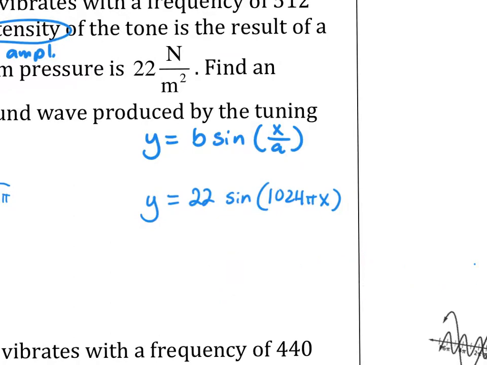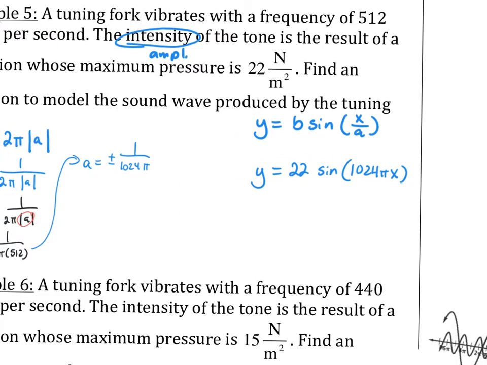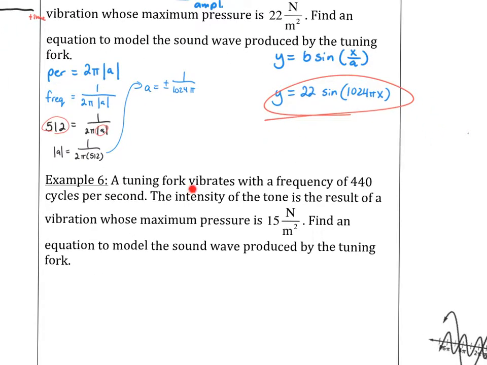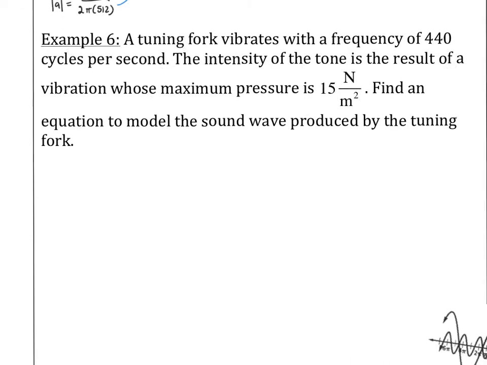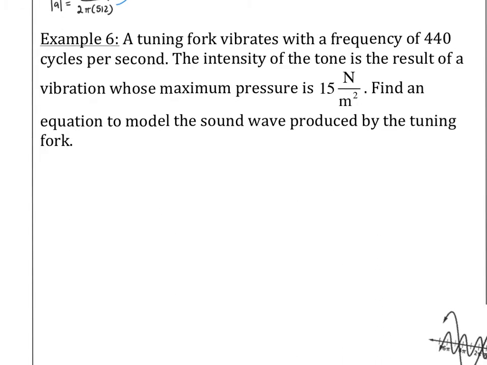Okay, so that is my result right here. Now, your job is to attack this one and see what function you get. The result should be y equals 15 times the sine of 880 pi times x.